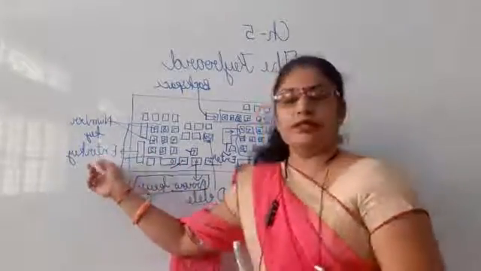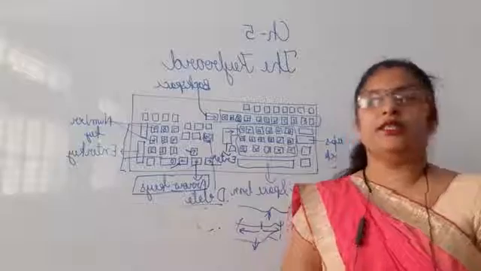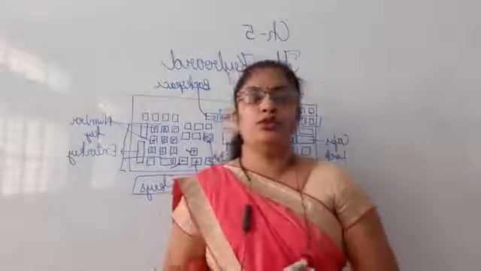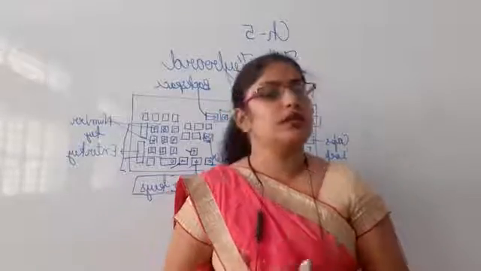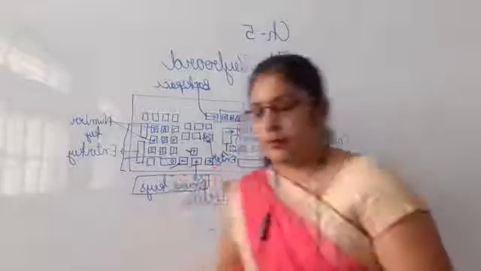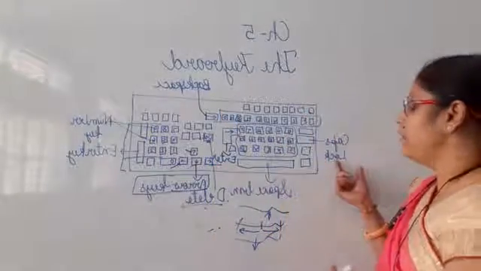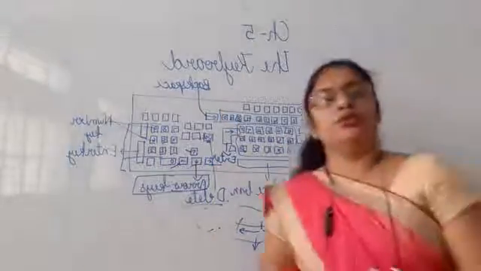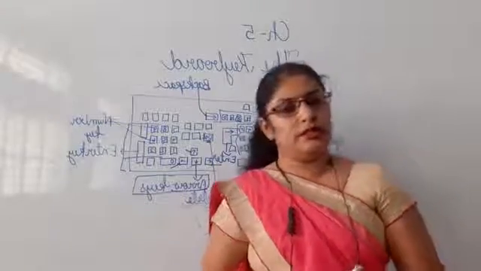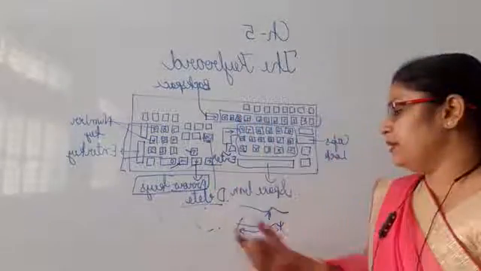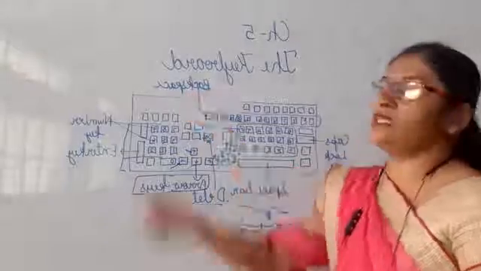Then we learned about the enter key. Enter key is used to go to the next line or to start a new line. Then the caps lock key, which is used to type letters in capitals. Then we learned about the delete key and backspace key.